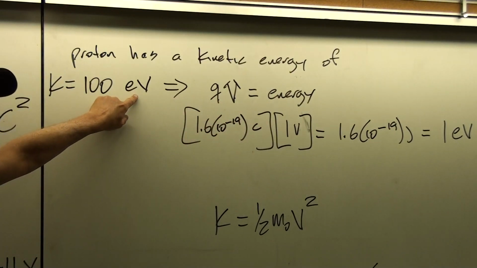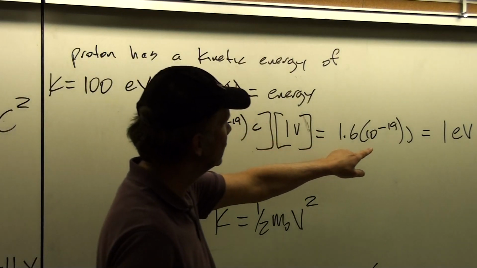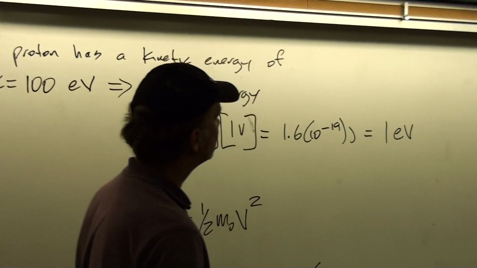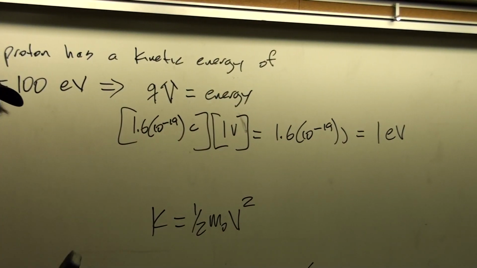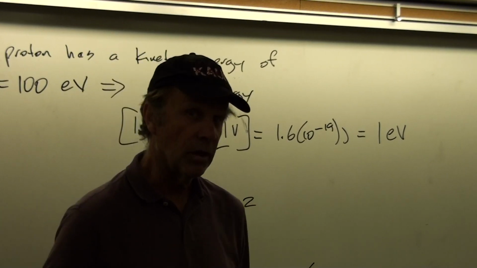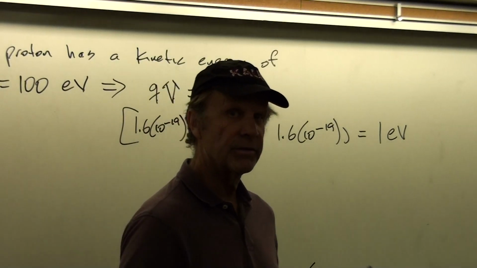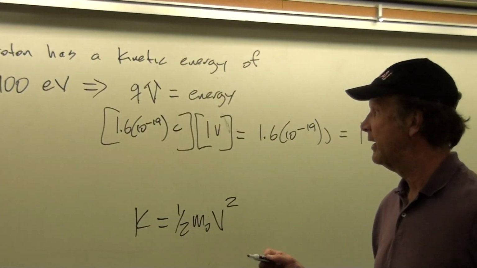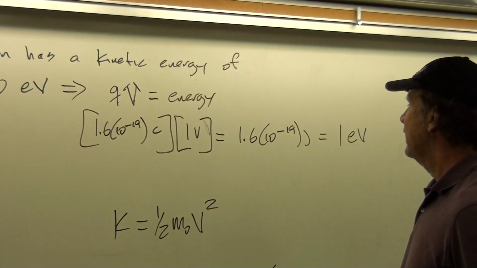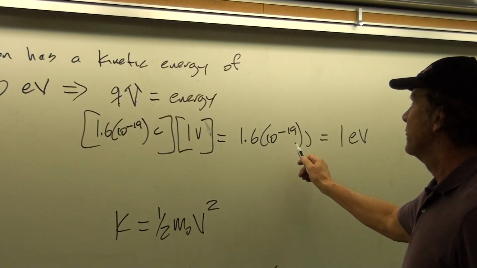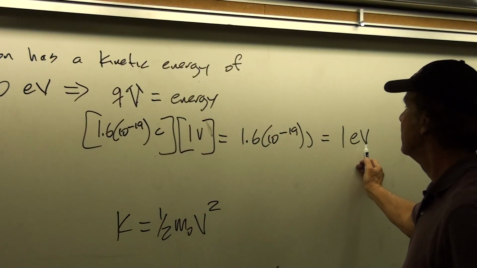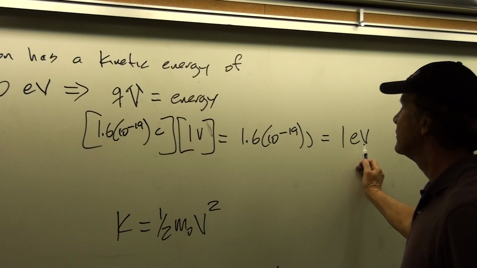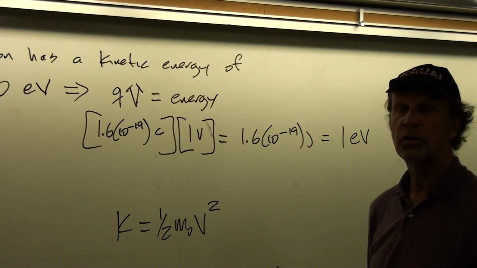Now why do we use electron volts instead of using joules? Well, because the kinds of numbers that we're dealing with are very small, okay, when we're dealing with subatomic particles, like electrons or protons. And so if we start talking about this number of joules and it's such a small number, it's better maybe to use another scale where the numbers are more reasonable.